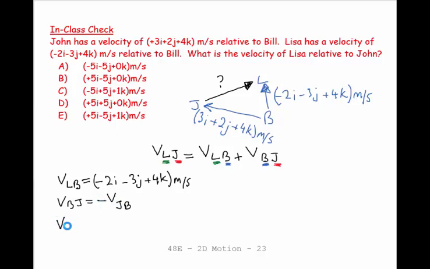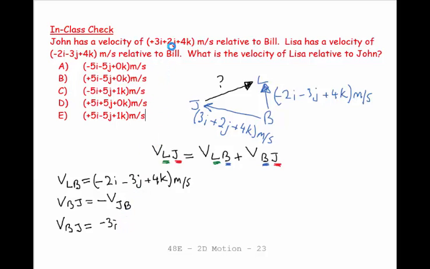So then the velocity of Bill relative to John is equal to, rather than plus 3i, I want the opposite, which is minus 3i.